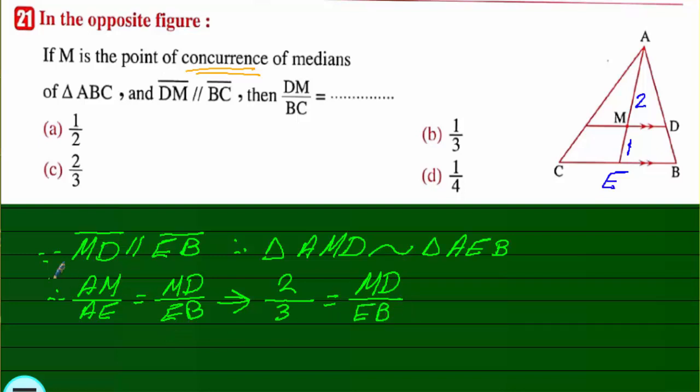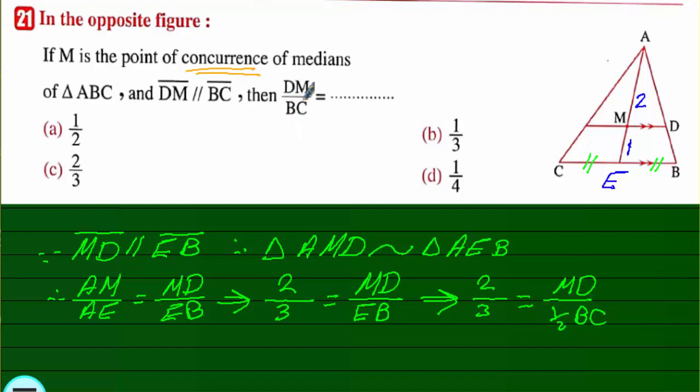But EB is half BC, right? Because AE is a median from the given, so E is the midpoint of CB. So you can say that CE equals EB, and also EB is half CB. So we can substitute here. First we write 2 over 3 equals MD over EB, and EB equals half BC.